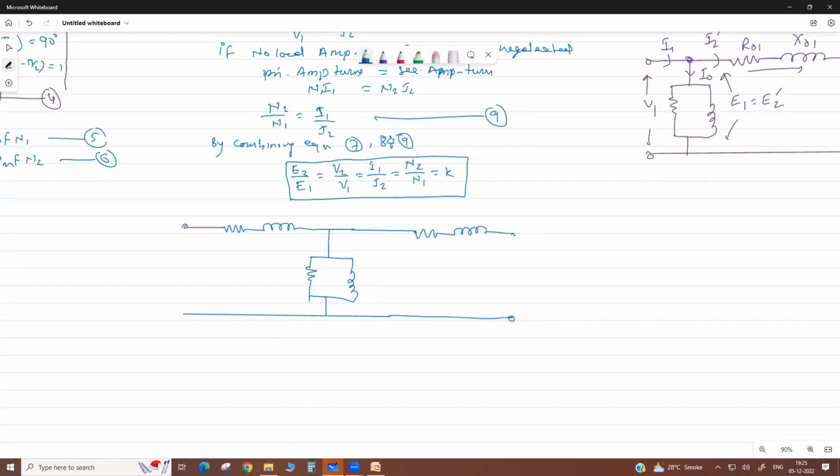Suppose it is at no load, but here we apply the voltage V1.